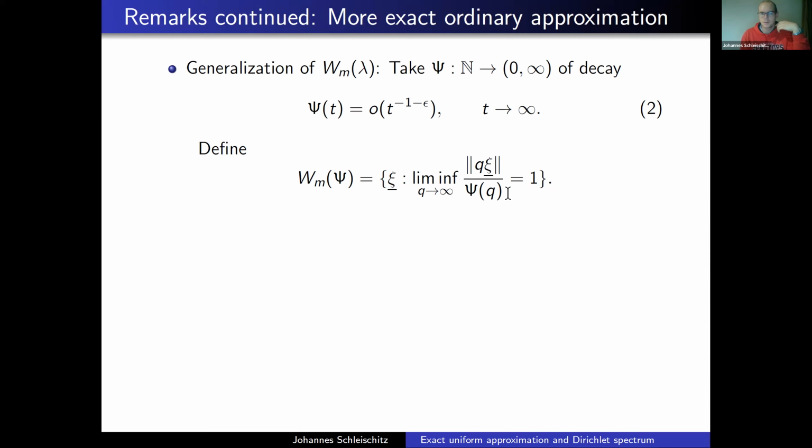But here you have function psi which goes to 0 quickly, t to the minus 1. No, I'm not talking about this. You see this q psi. I'm still talking about uniform approximation. I just wanted to take this slide because here this q psi occurs.